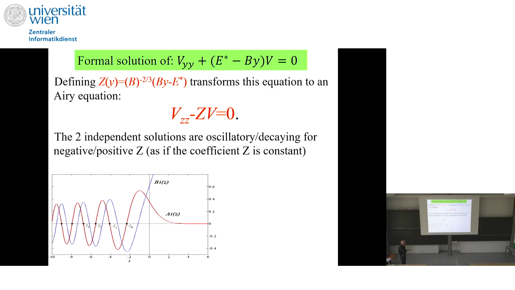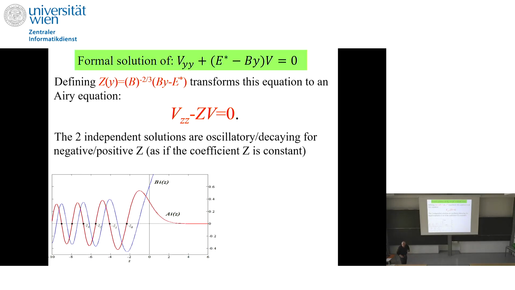Oscillatory in the sense that they go up and down, up and down. It doesn't mean that the amplitude is constant, and of course, this is because z is not constant, and it doesn't mean that the spacing between the zeros is fixed, like in sine and cosine, where it's always pi, okay?